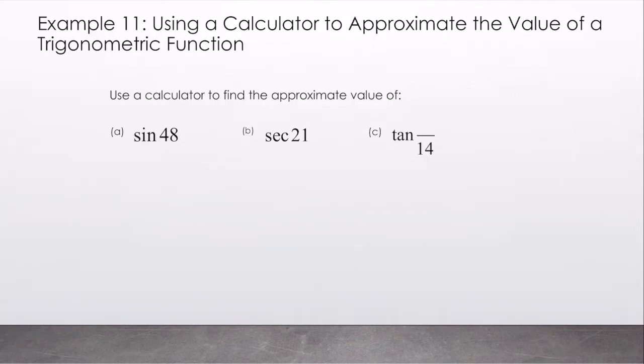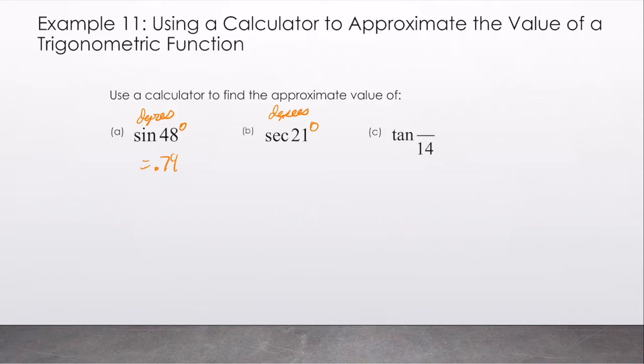So if I want to find the sine of 48 degrees, I make sure my calculator is set to degrees. And I punch that in, and I would get 0.74. If I want to find the secant of 21 degrees, you're probably going to see your calculator doesn't have a secant button.